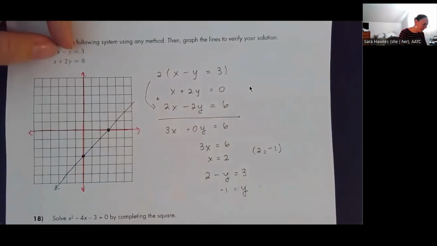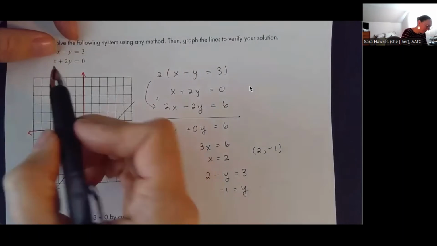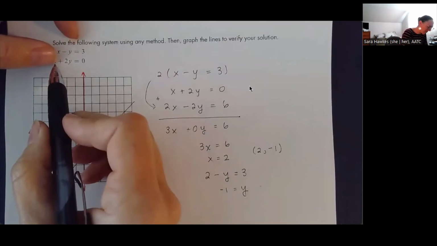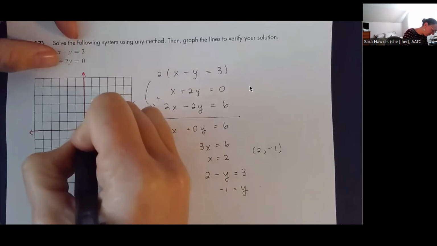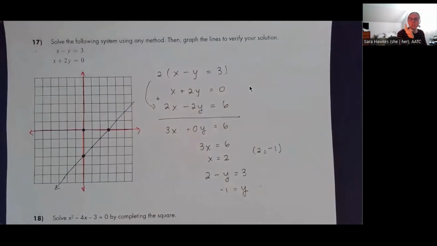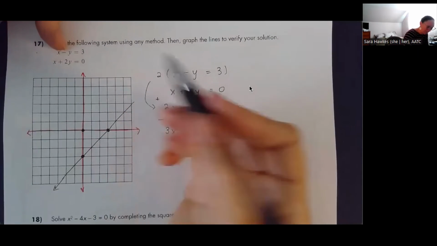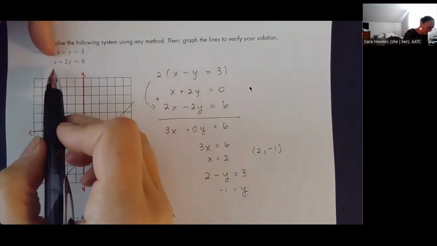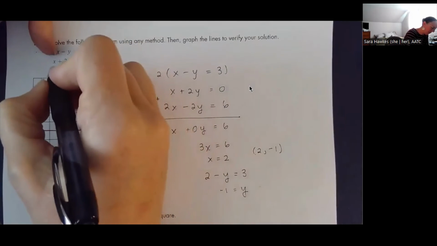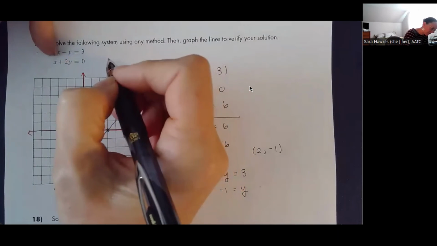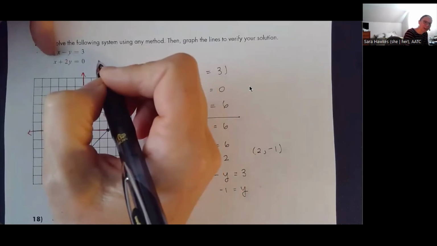And for the second line, if I find those intercepts, if x is equal to 0, y would be equal to 0, which means that's only 1 point. So it's not enough for me to graph the line, and I have to find another point. Any other point on the line will do. So I can just pick another value of x to plug in. For example, if I plugged in 1 for x, no, I don't want to plug in 1. I'm going to plug in 2 for x.